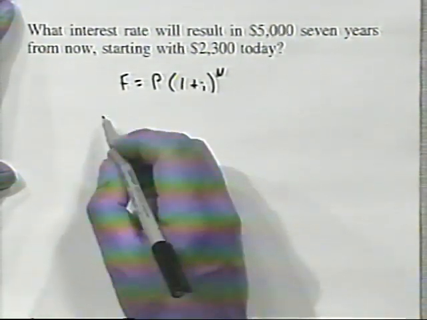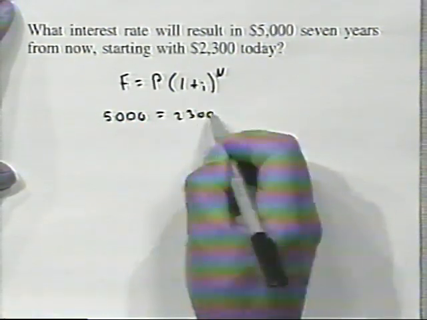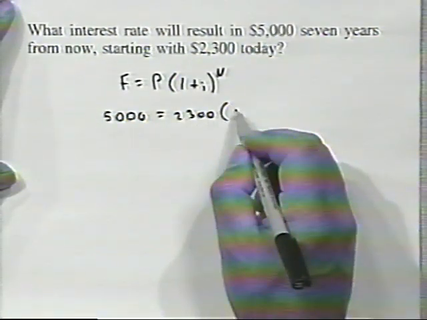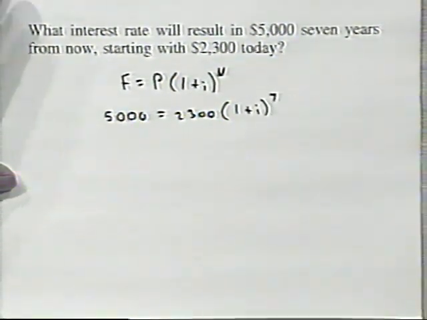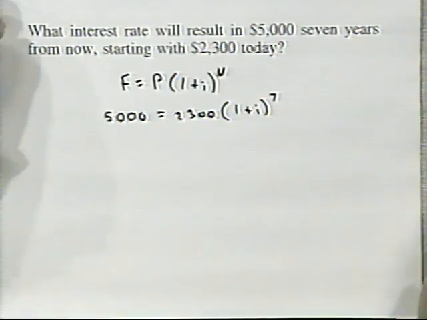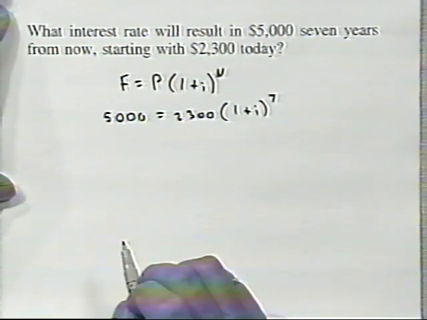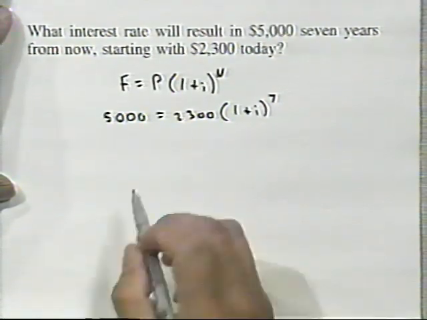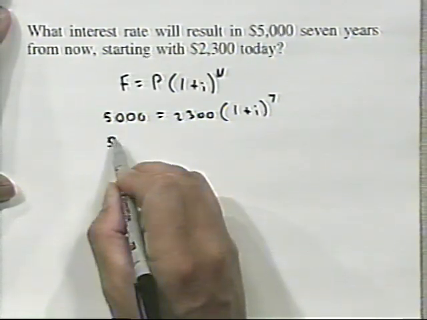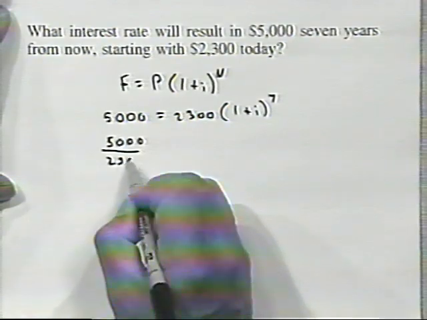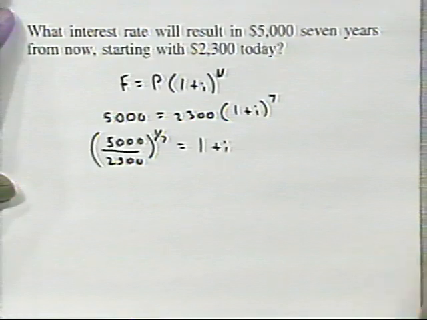If we substitute these values in, we get $5,000 is $2,300 times (1 + i)^7. Taking the 7th root of both sides, we get (5,000 / 2,300)^(1/7) is equal to 1 + i.